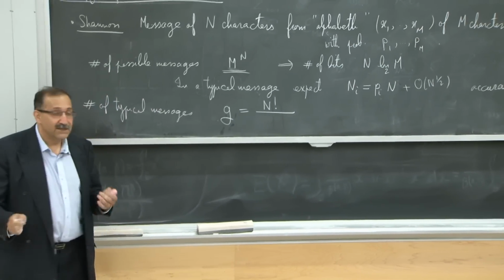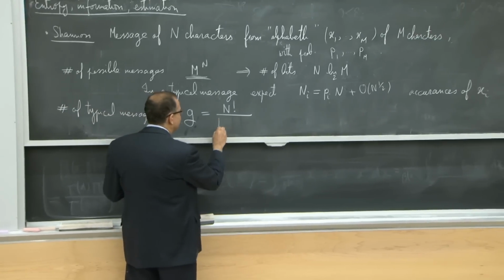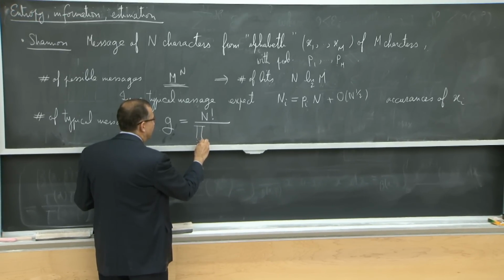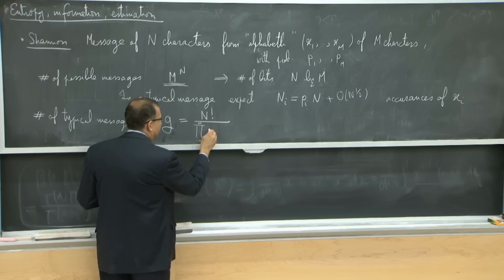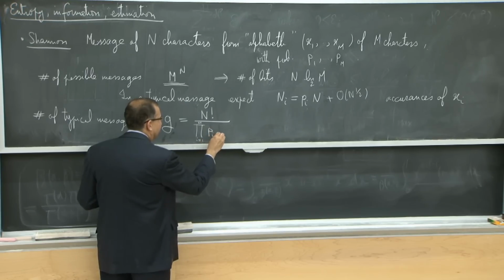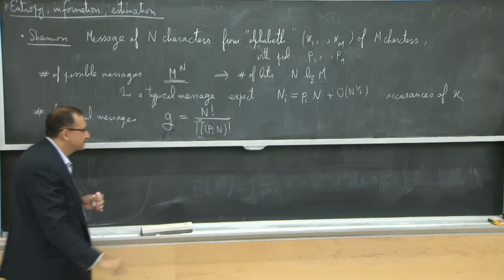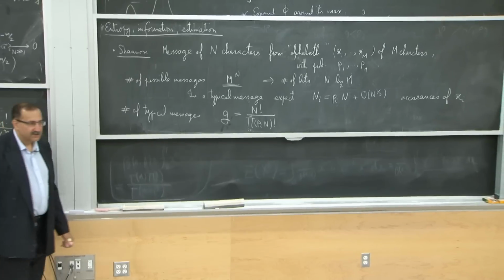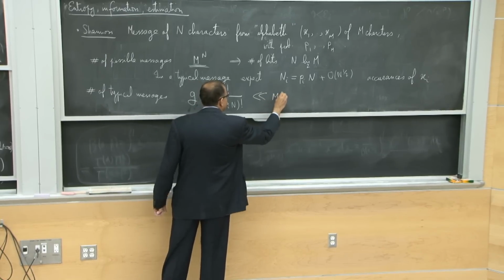Again, there are clearly correlations, but for the time being, forgetting all of the correlations, correlations will only reduce this number. Okay. So this number is much, much less than m to the n.